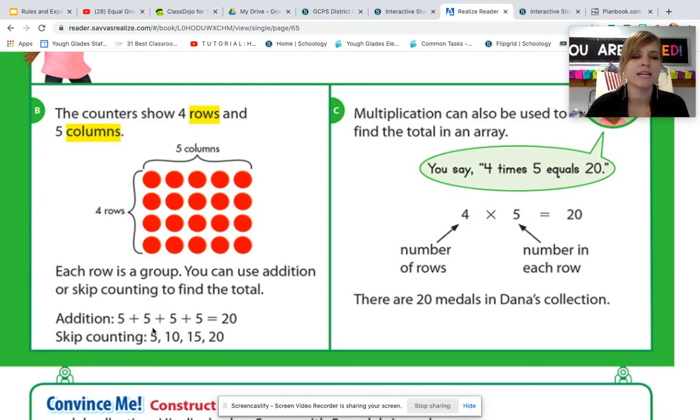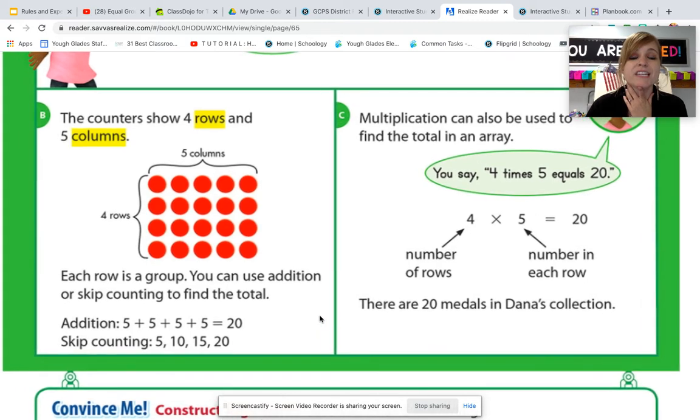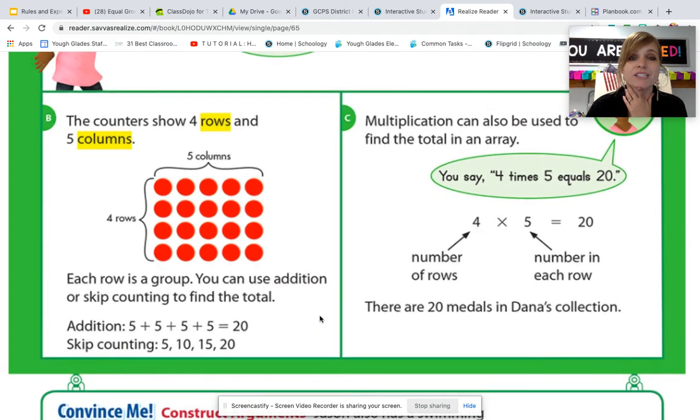So they went and added 4 groups of 5 together and got 20. 5 plus 5 plus 5 plus 5 equals 20. 4 groups of 5 there. And then they also wanted to show skip counting. Said, oh, you can use skip counting to find the answer to this. 5, 10, 15, 20. Pay attention to that because you're going to have to do that today too.